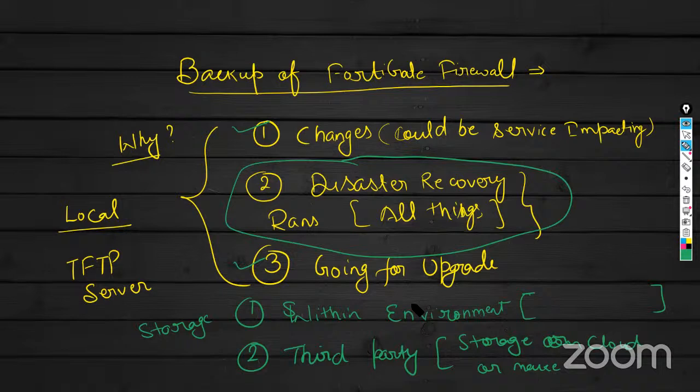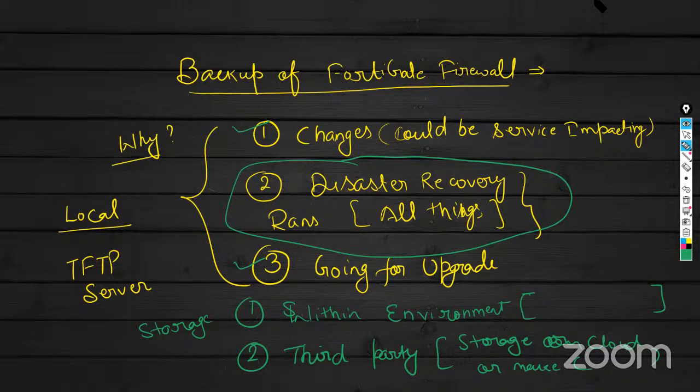So if any attack happens, any ransomware or any malicious thing within your environment, in that case your backups will be safe with the third party. There's no risk in saving there.